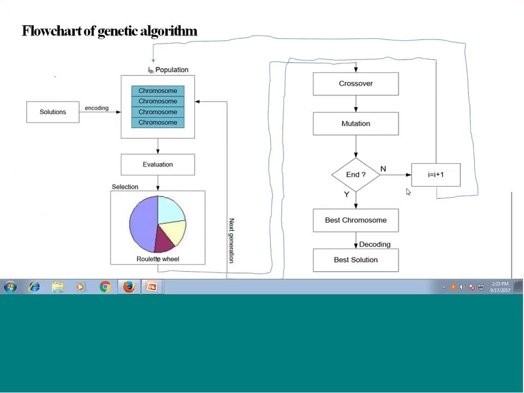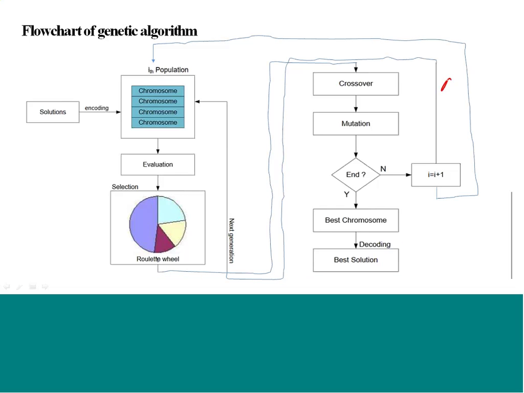If we say a chromosome is a function, then what is a gene in it? A gene represents a parameter's value. For example, you want to represent the hypothesis ax plus b with a chromosome using a and b.